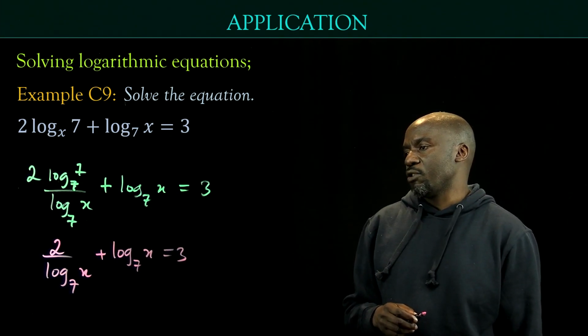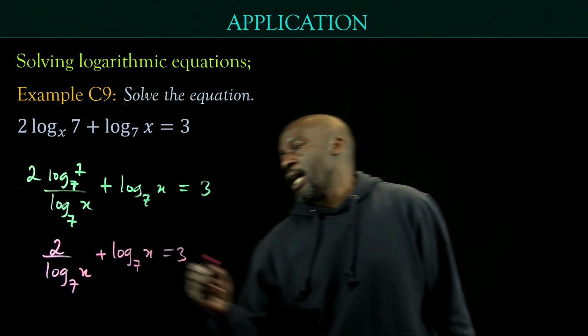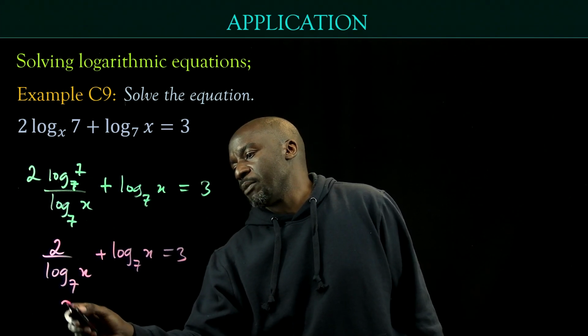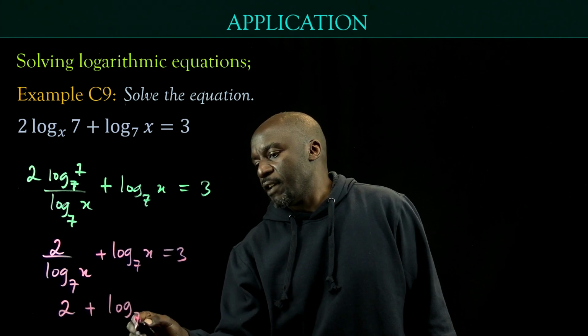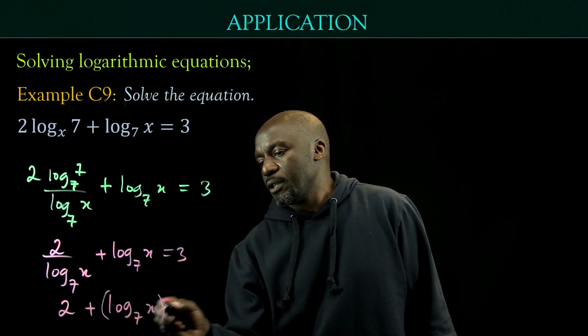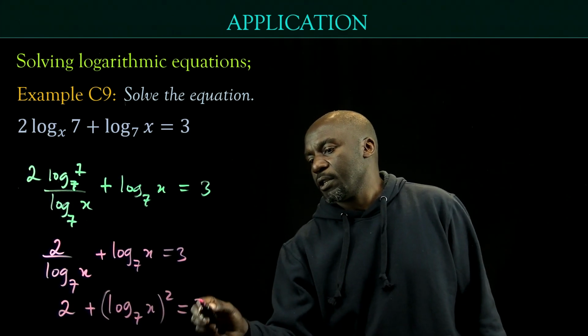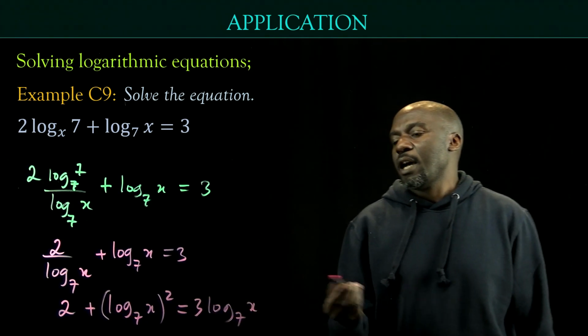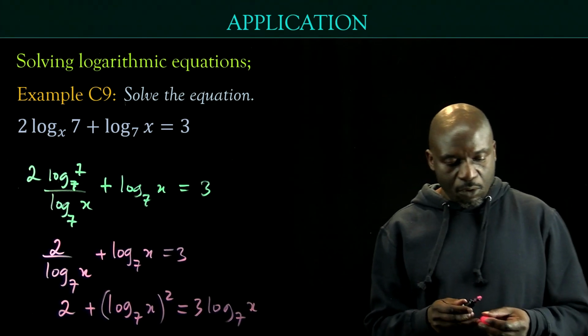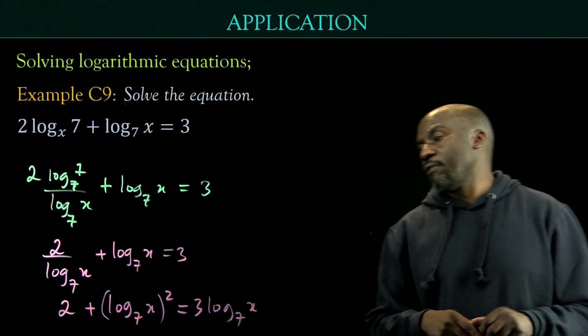Multiply through by log base 7 of x. If I multiply through, this becomes 2 plus log base 7 of x squared equals 3 log base 7 of x. And just like before, this is a quadratic that we can solve.